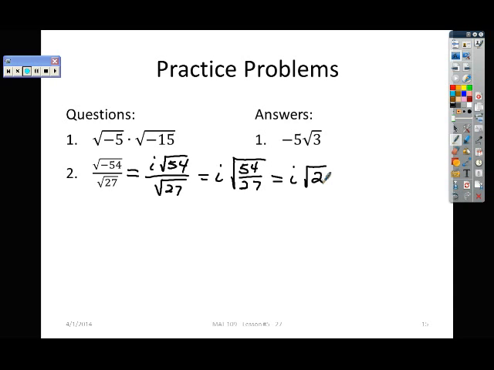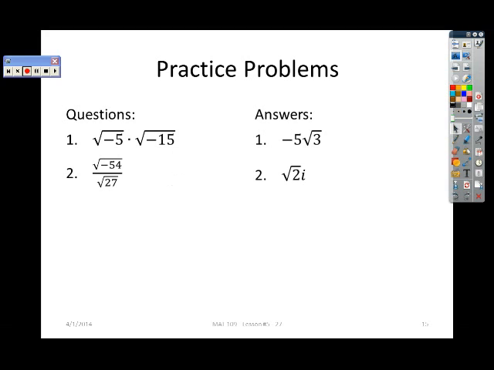In this case, the fraction just became a whole number, and then you'd simplify that single radical, which in this case doesn't simplify. So, step by step. All right, that's just converting.